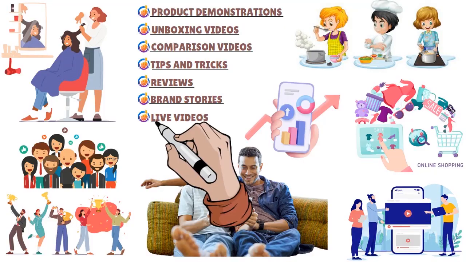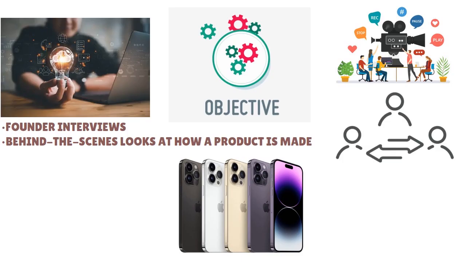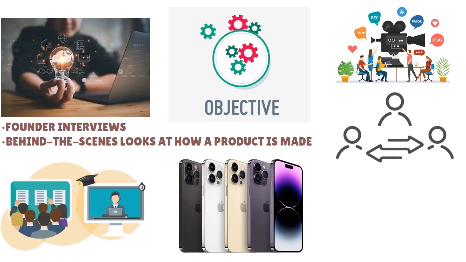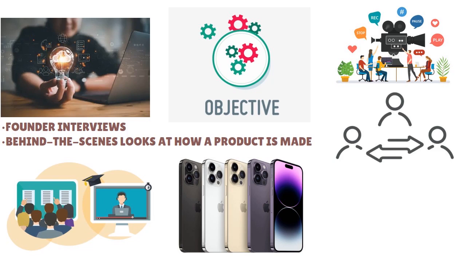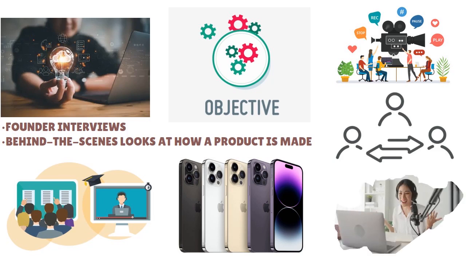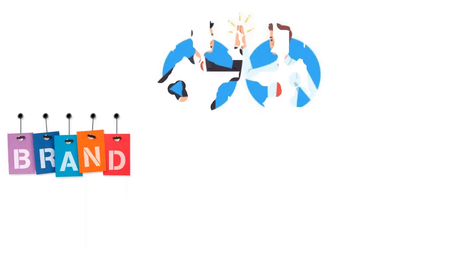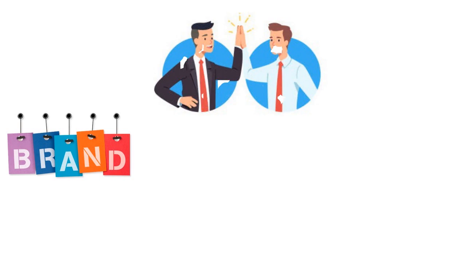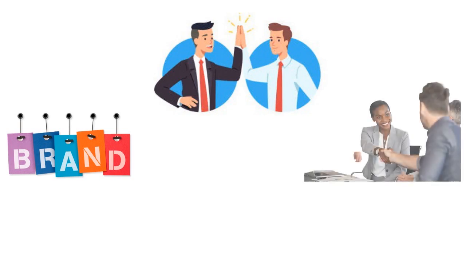You also have live videos. Live streams help video publishers connect with their audience in real time. Businesses can host live stream shopping events on platforms like Instagram, TikTok, and Amazon. That's really good, and this creates a closer relationship with viewers, a better level of interaction with potential customers.